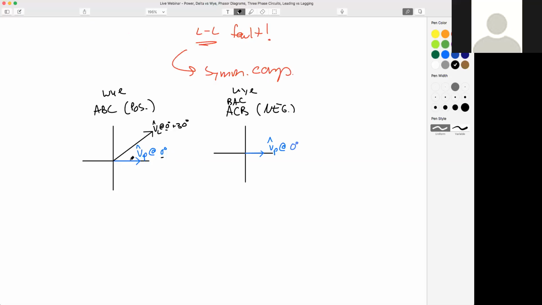So we know that VL is leading, right? VL leads. Okay, so let's think about this. This is counterclockwise, right? Which means we're going this way, right? If our rotation direction changed, who would cross the x-axis first, phase or line? See that? In ABC, we're rotating this way. So that means my line voltage is going to hit first and then my phase, right? So in other words, if this was my line voltage at 0, my phase voltage would be down here at minus 30, right?